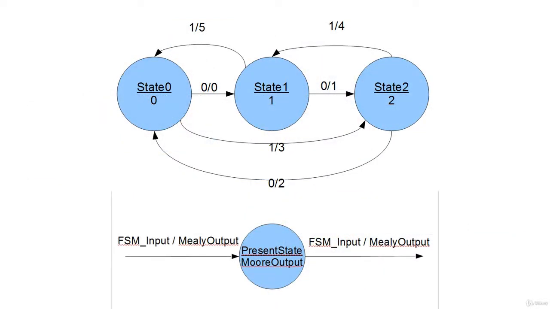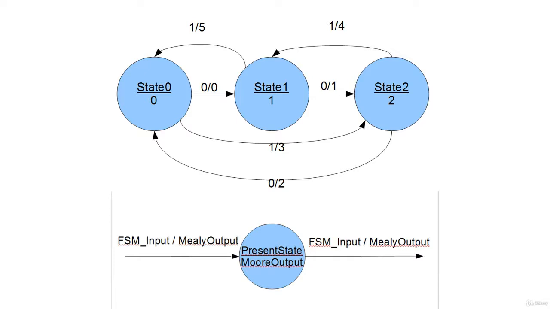Here's an example of a state diagram. Basically, we have three states: state 0, state 1, state 2. You see from the legend at the bottom of the screen that inside the state bubble, above the line is the present state, and below the line is what the Moore output is for that present state.